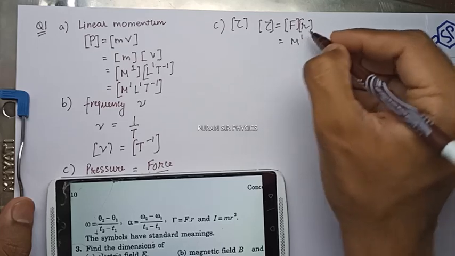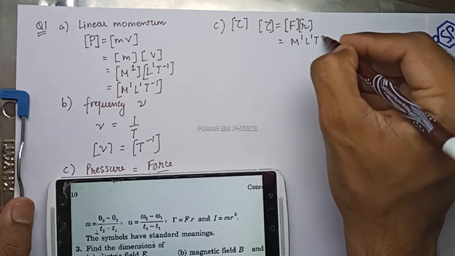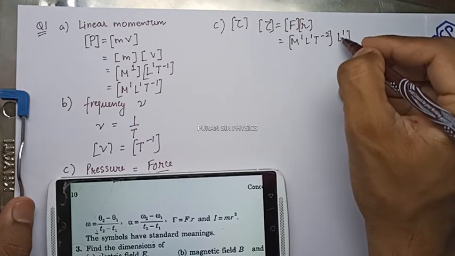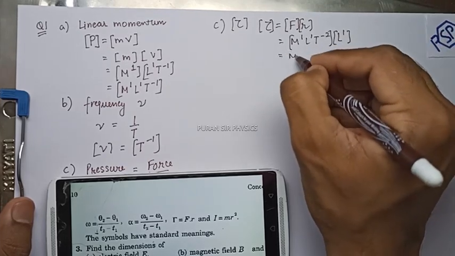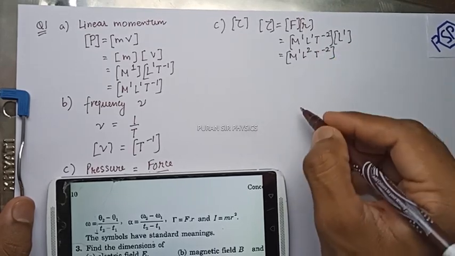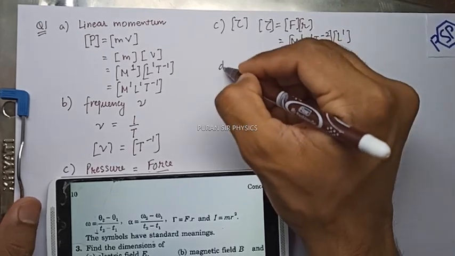Force will be m raised to power 1, L raised to power 1, T raised to power minus 2, and the dimension of distance is L raised to power 1. From here we can say m raised to power 1, L raised to power 2, T raised to power minus 2. So this is the dimension of torque.